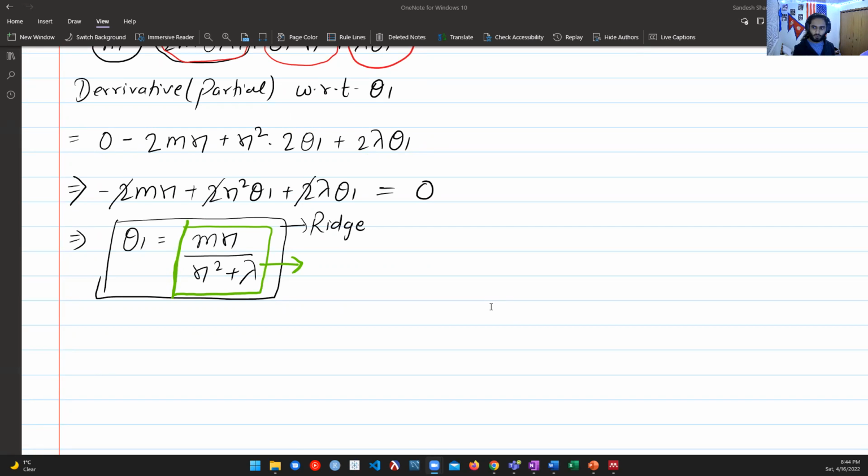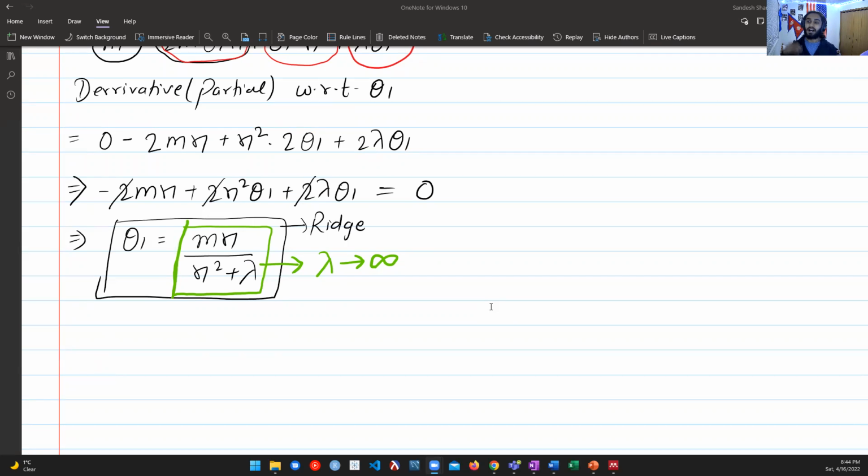To make that whole term 0, there is only one way: if your lambda tends to infinity. Now, is this possible? No, we don't set lambda equal to infinity; it's not practical.